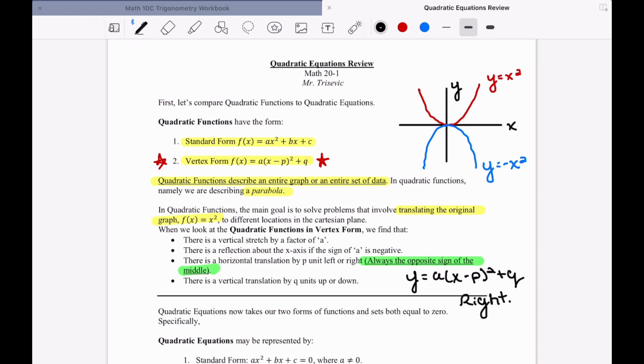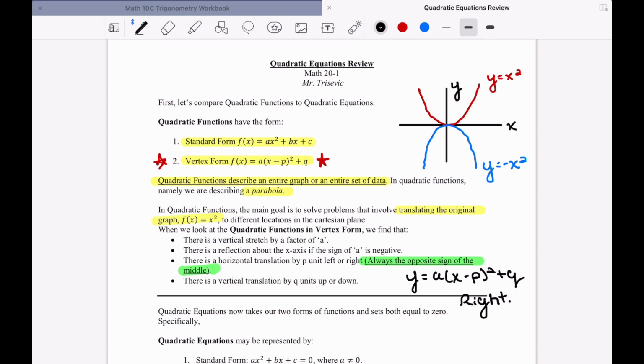And on the flip side, if the p-value itself was negative, it becomes positive within the interior of the bracket, and we know that moves left. So the horizontal translation was always going to be opposite whatever the sign in the bracket was.